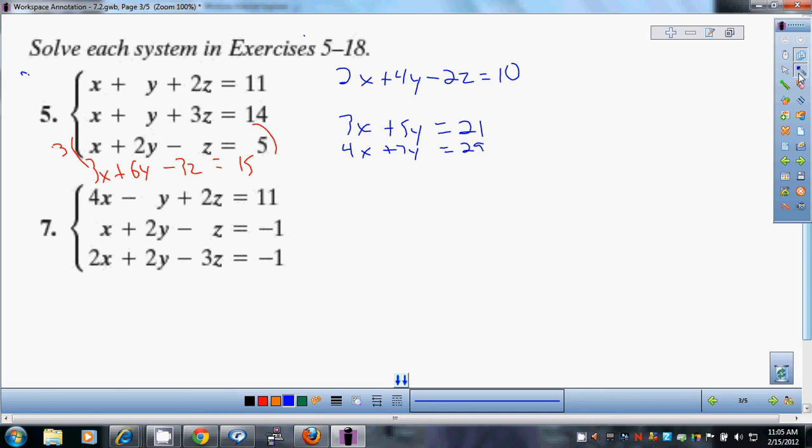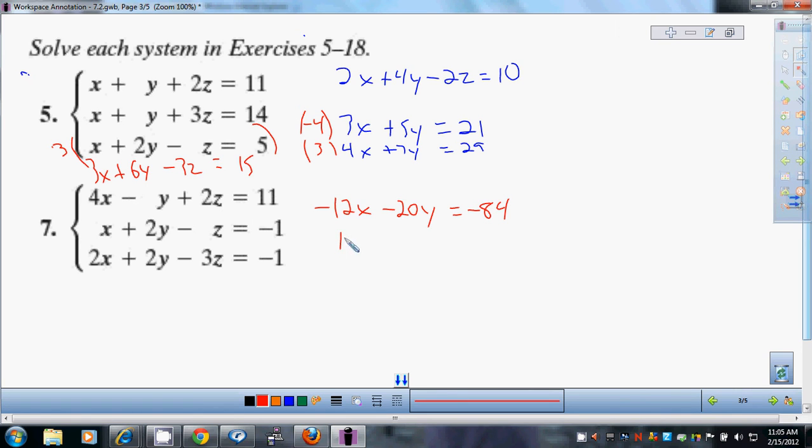Somebody want to suggest a method for this? Very good. And the bottom one by what? Good. That way it'll have negative 12, positive 12. I like it. That'll change the top one into negative 12x minus 20y equals negative 84.